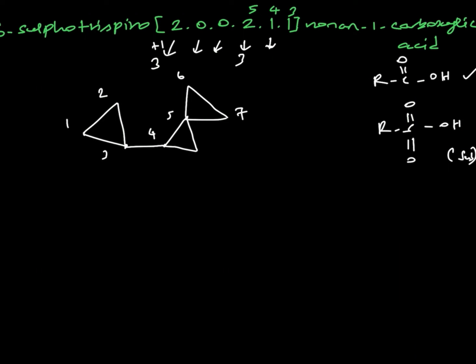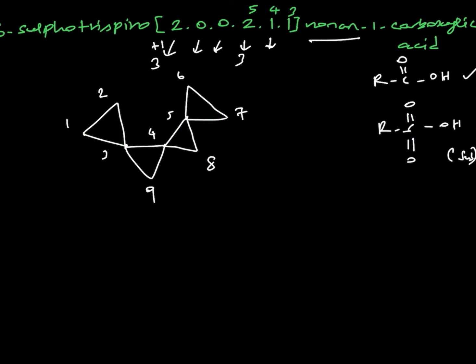So this is 8, and then we have another final one more carbon which is ending at 3. So that means this one. So total we have 9 carbon atoms.